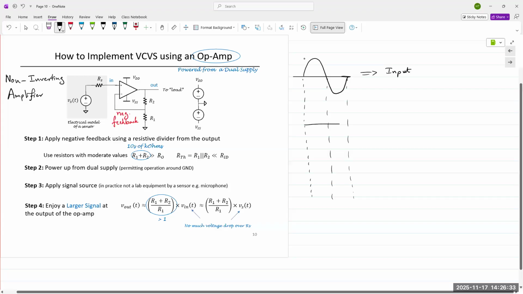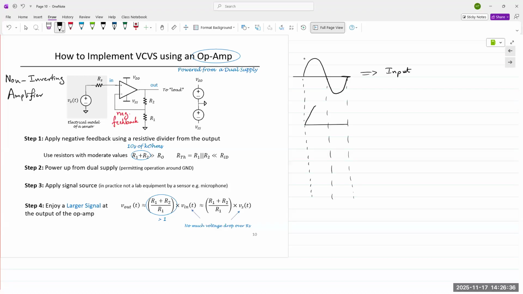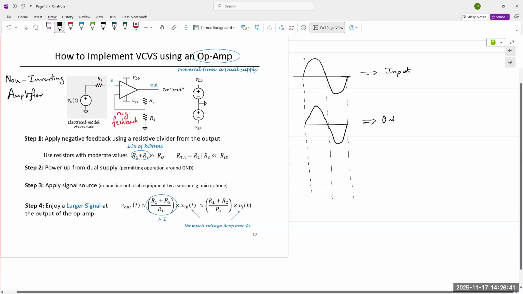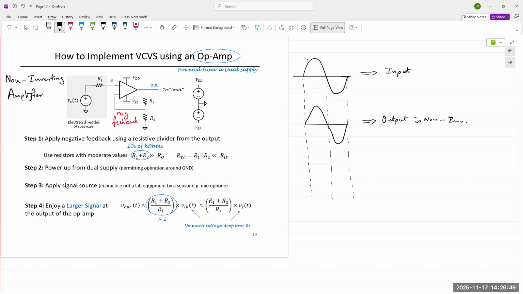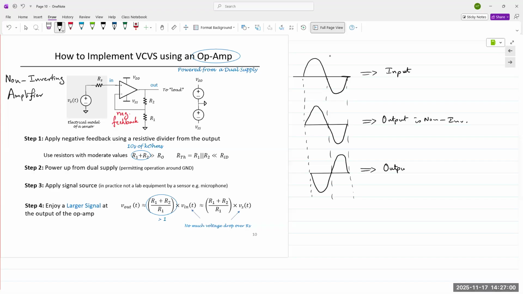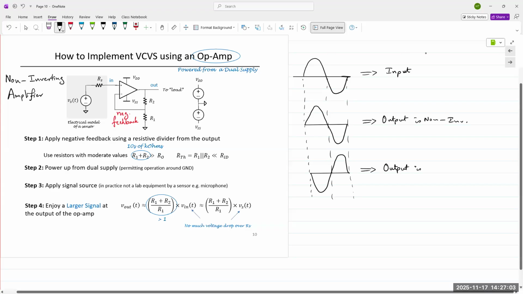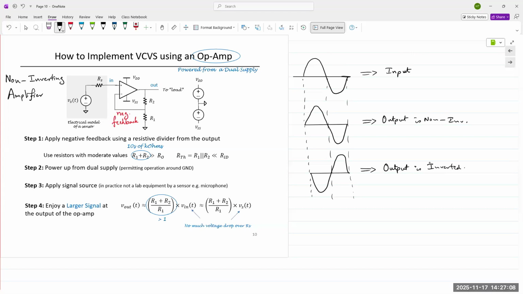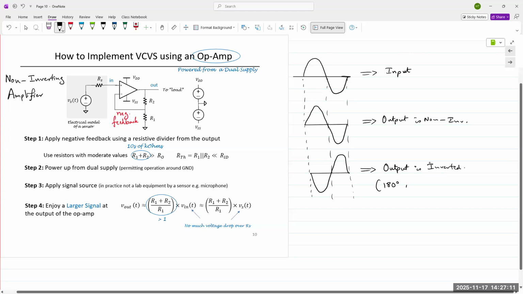If the output follows the same phase as the input, we say it's a non-inverting configuration. If it's flipped, then we say the output is inverted. This is also known as 180 degrees out of phase.